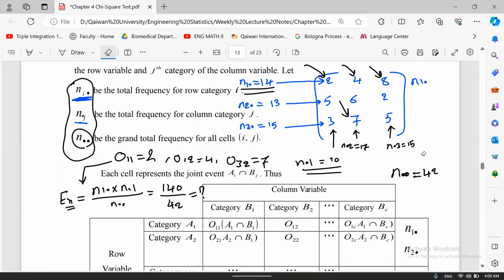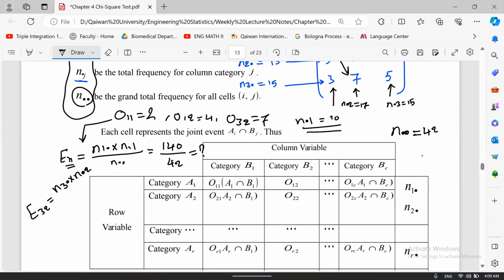Let me write it down here. E32 is N3 dot times N dot 2. Be careful with that. Don't multiply N2 dot by N dot 3.